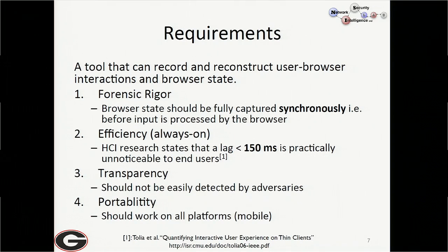Next, because these kinds of user attacks are unpredictable, we need a solution that is always on and efficient. So in order to ensure efficiency, we have set a time lag budget of about 150 milliseconds for our tool. Next, attackers shouldn't be able to easily detect the presence of the tool. And finally, it'll be nice to have a tool that will work on multiple operating systems, including mobile devices.